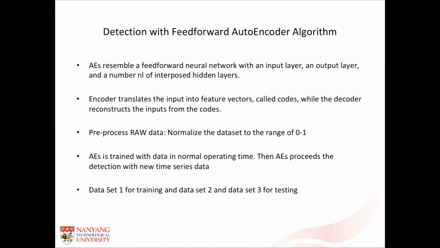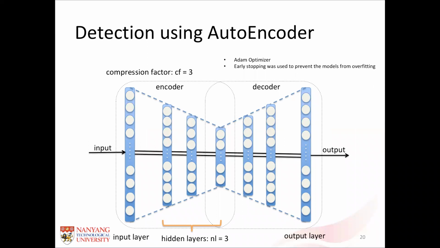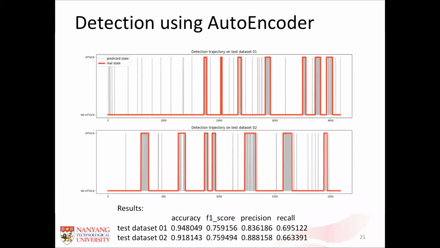Meanwhile, we also did the autoencoder algorithm. A compression factor CF equal to 3 is used, and the hidden layer we set is 3. And here are the results we're getting. We can see for this autoencoder detection model, the main issue is that it gets a lot of false alarms.